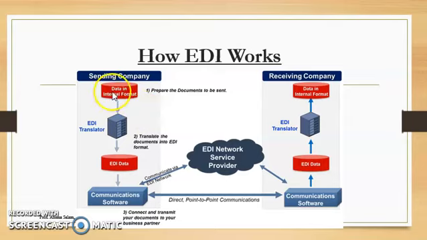Here you have the process. It starts with the data in the internal format. You prepare the document and then translate it into an EDI format, which is a specific format required by the supplier. The buyer collects the data, organizes it, and it works with EDI.